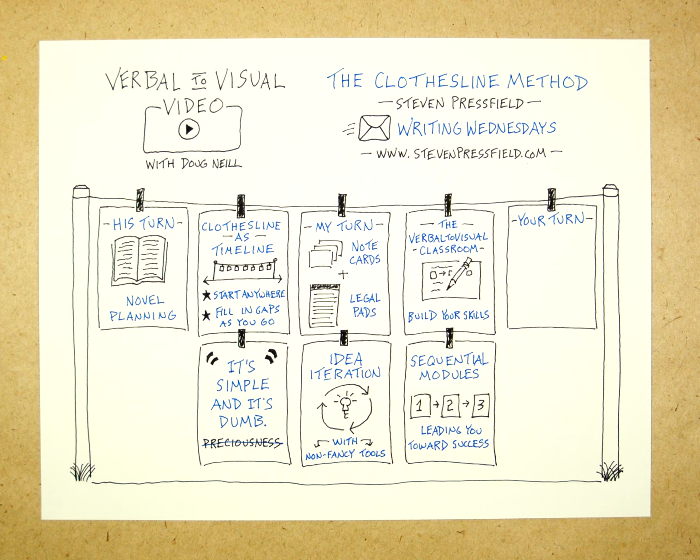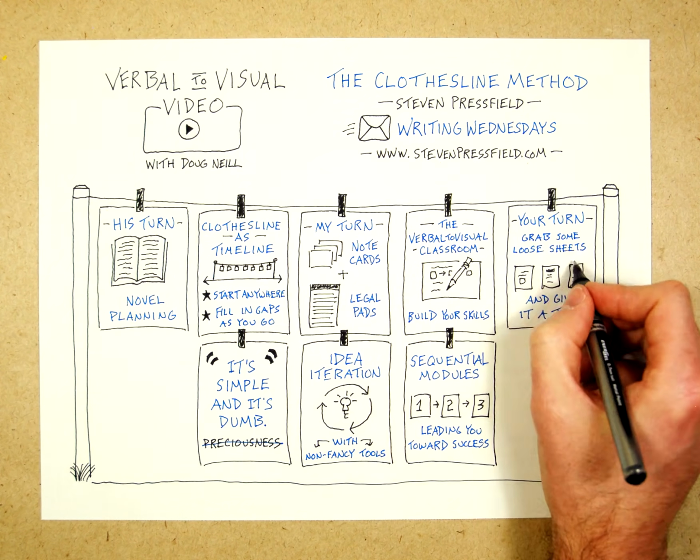How might you use this method? If you've got a project that involves the sequencing of ideas or experiences in time, then grab some loose sheets of paper, the cheaper the better, and give this method a try.